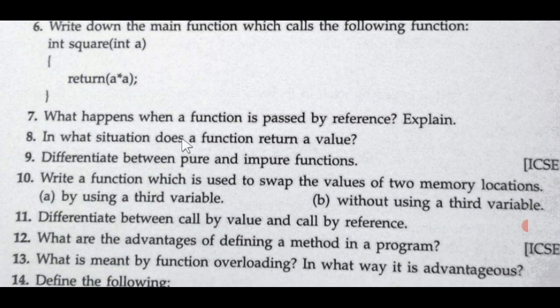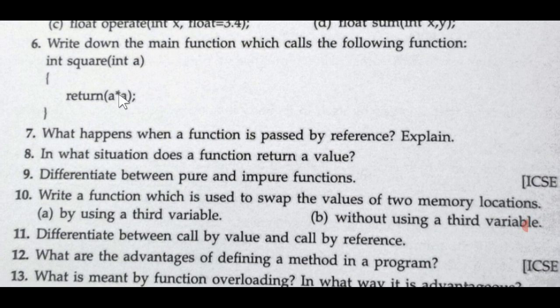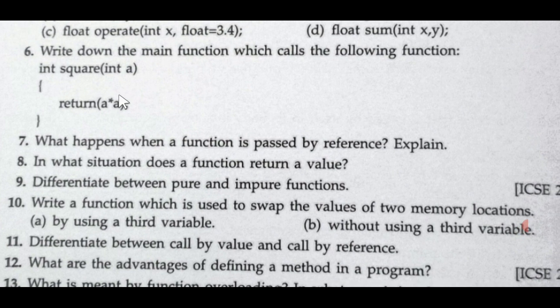Then write down the main function which calls the following function. So it's very easy to write: public static void main string arg square bracket. And then to call this function, since it's a non-static method, first we need to create the object, and then we will be writing. If you just write the statement, then you can simply write int x, because it is returning the int type value.